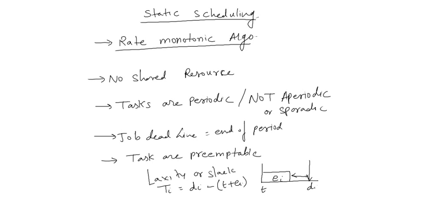Now, what is this rate monotonic algorithm? As the name indicates, it schedules based on the rate. What is the meaning of rate?